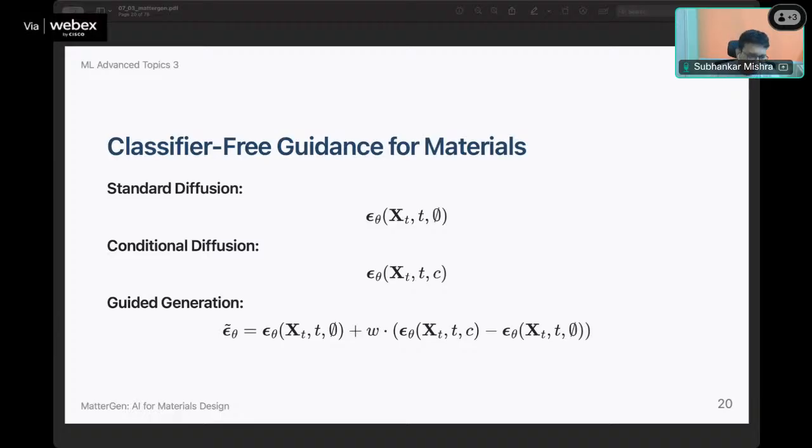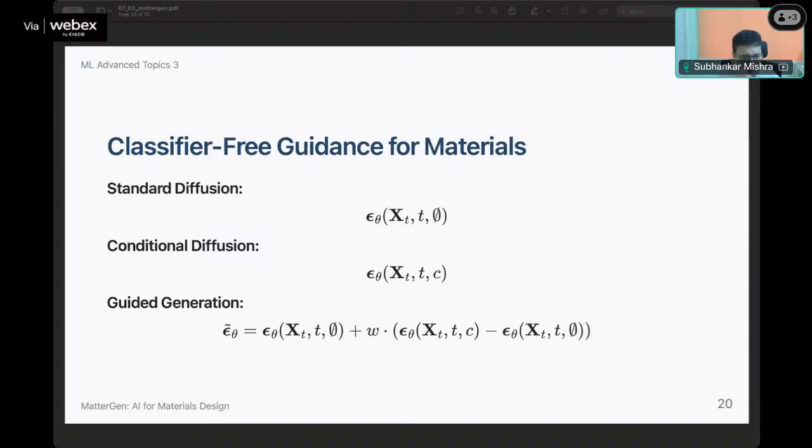But the problem is that MatterGen as a whole has already invested a lot of inference energy, GPUs, to create materials which might not be useful, and the classifier might finally reject them.